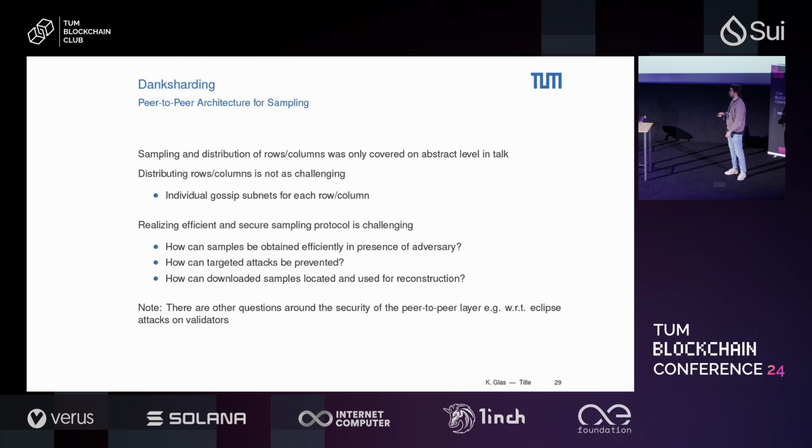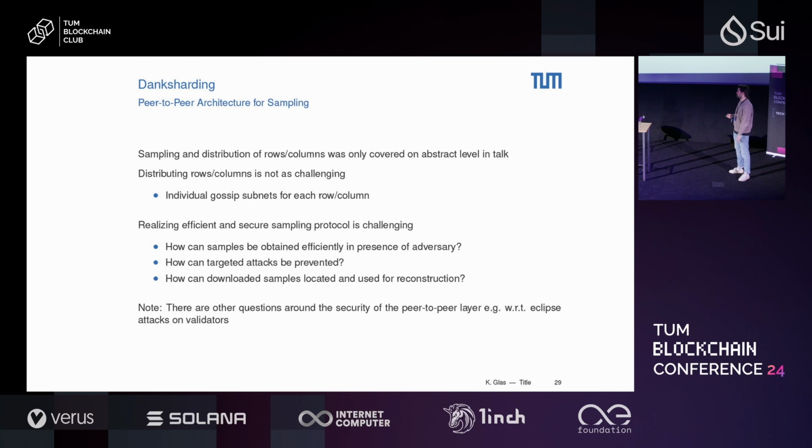For the sampling, this looks different. First of all, there are some efficiency issues. For instance, if we use a distributed hash table and we just perform lookups for all of those samples, this causes a lot of overhead on the networking layer. And then also, we want to prevent targeted attacks, for instance, where the adversary just provides samples to specific validators or light clients.